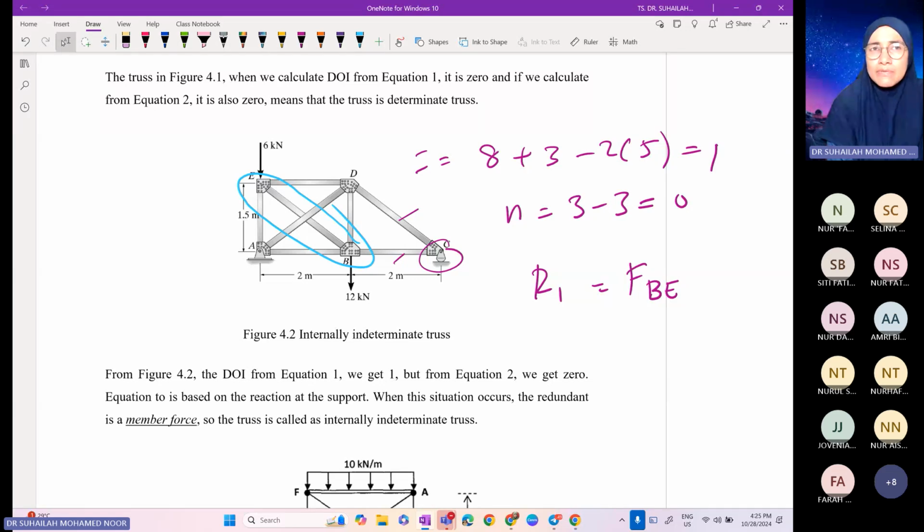For example, if we analyze a truss with two redundant forces, we can have one redundant come from reaction and another one come from member force. Combination of reaction and member force as redundant for 2 DOI.